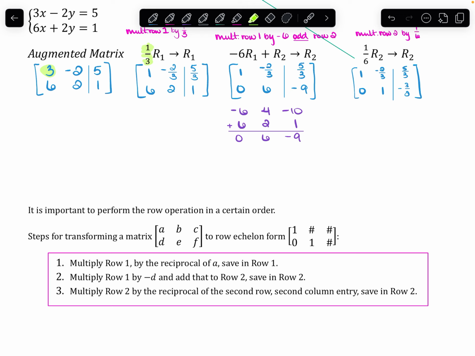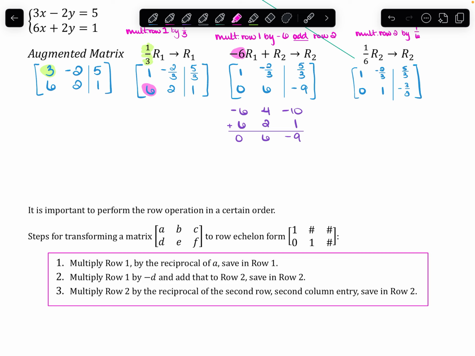The second step is to multiply row 1 by the opposite of what is in that D position, and then add it to row 2. In our second step, we chose to multiply row 1 by -6, which is the opposite of what is sitting in that D position.